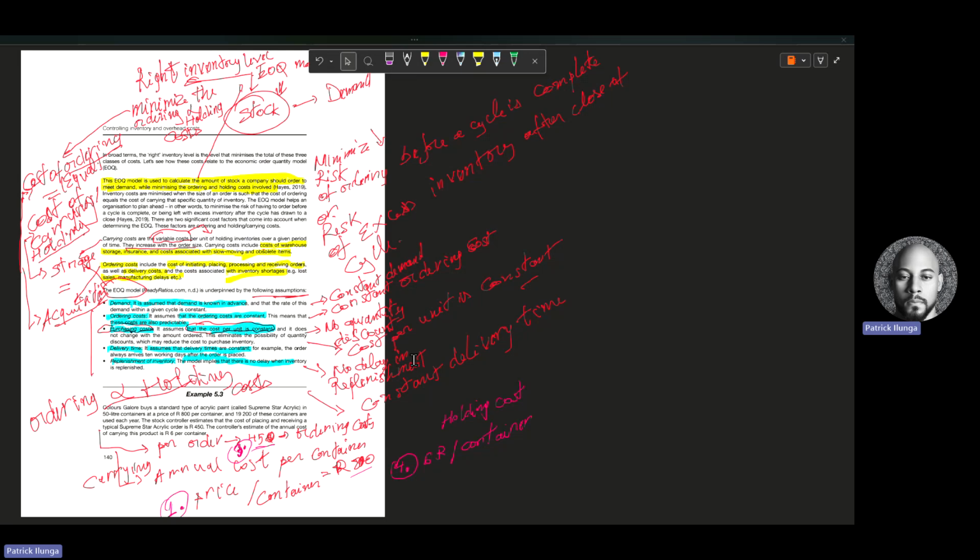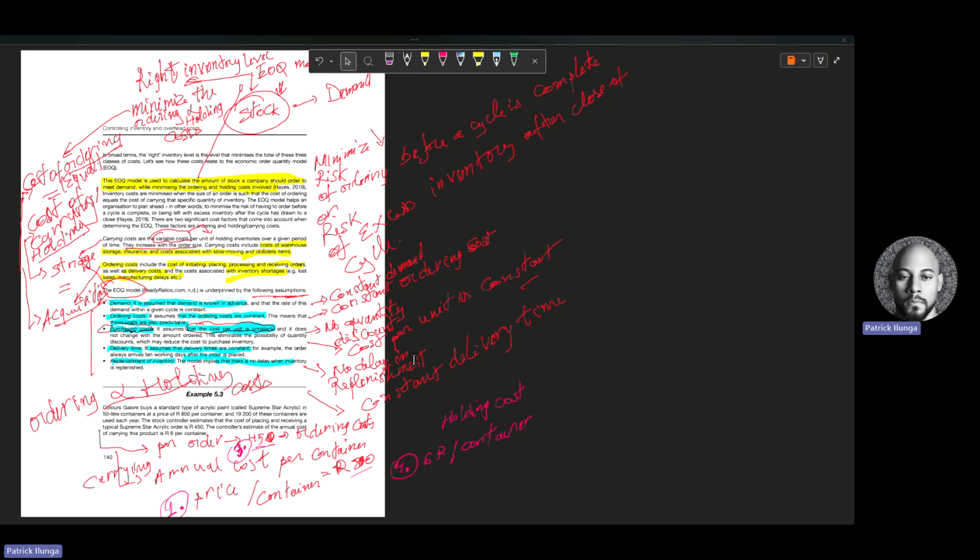You cannot be asked a question about a company with regard to the EOQ without them telling you what the requirements, what the demand, basically is. They can't give you an EOQ question without that, right? We also need to know that the ordering cost is assumed to be constant, right? So we're not going to deal with variable ordering cost.